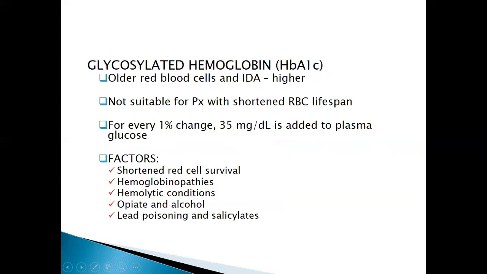So these are the conditions contributing to false results of your HbA1c level determination: in patients with iron deficiency anemia or shortened RBC lifespan such as in hemolytic anemias, in patients with hemoglobinopathies, opiate or alcohol intake, or in patients with lead poisoning and salicylate poisoning.